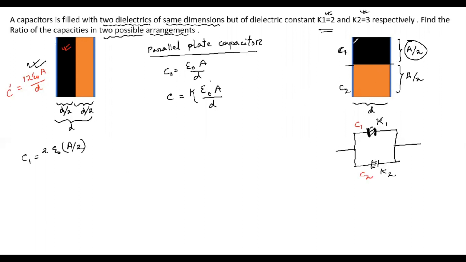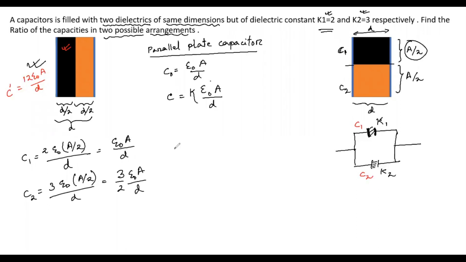So this first part has an area A by 2 with separation d. So C1 is nothing but epsilon naught A by d. This is C1, the capacitance of this first capacitor. For this second capacitor, the dielectric constant is 3 epsilon naught. Again, area is A by 2 and separation is d. So it is 3 epsilon naught A by 2d. So our net capacitance, let's say it is C double dash, is nothing but C1 plus C2, because this is a parallel combination.